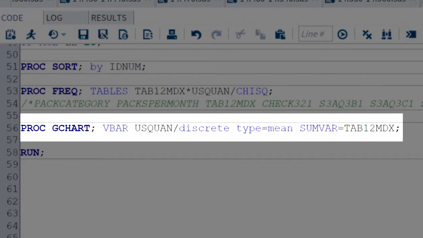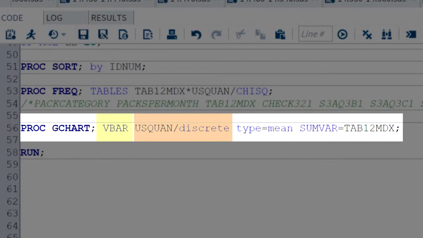First, we're going to quickly review what this code is telling SAS. Just like our PROC GCHART code in univariate graphing, VBAR requests a vertical bar chart. Categorical explanatory variable USQUAN / DISCRETE tells SAS that we want levels of our categorical explanatory variable to be represented on the x-axis.